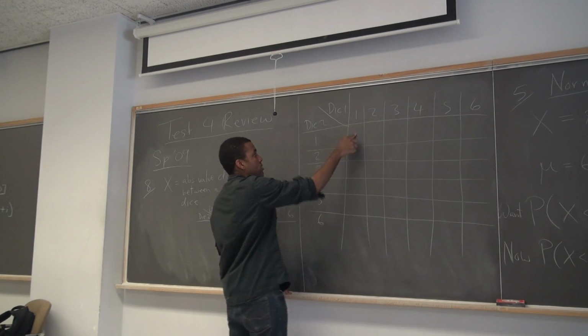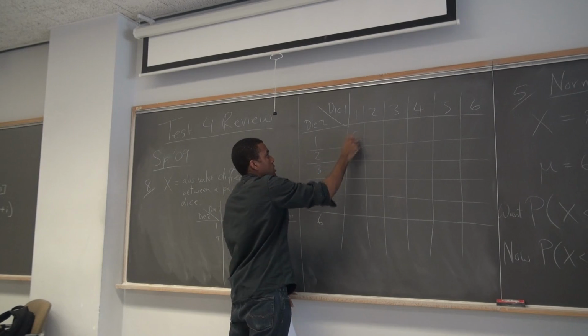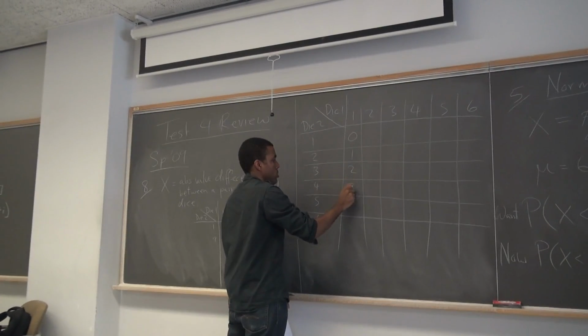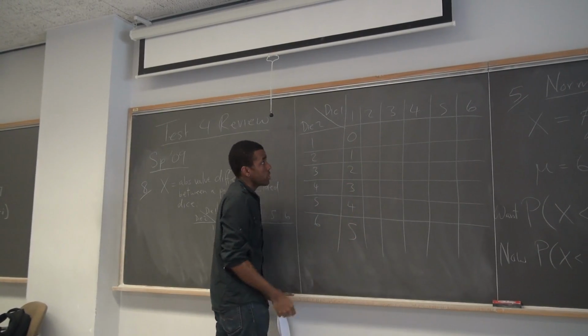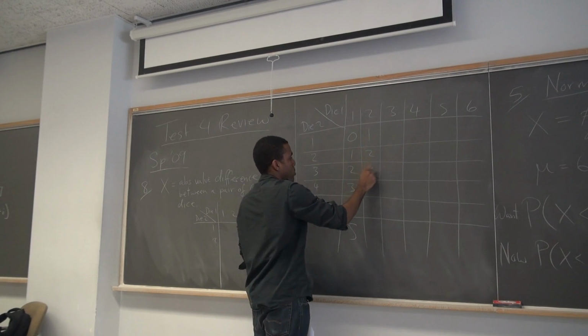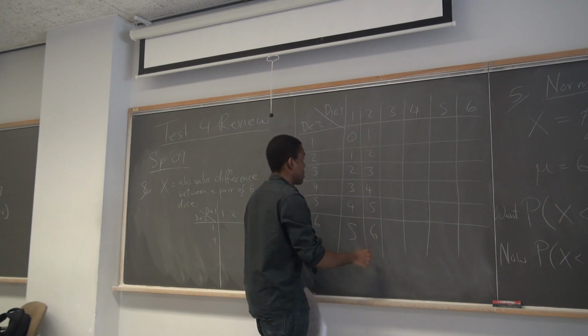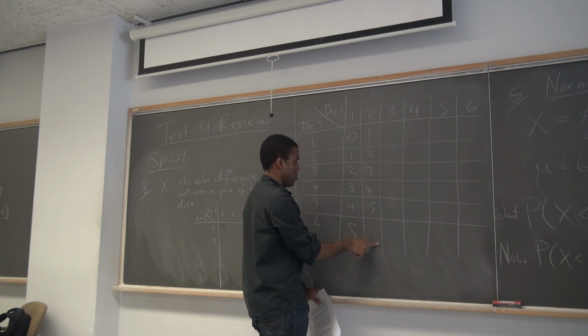Okay, so what's the absolute value of the difference here? 0. Here would be 1, here would be 2, 3, 4, 5. Don't get carried away here.